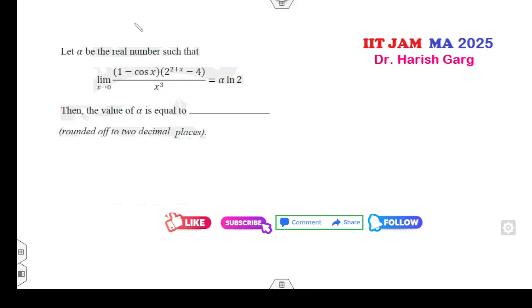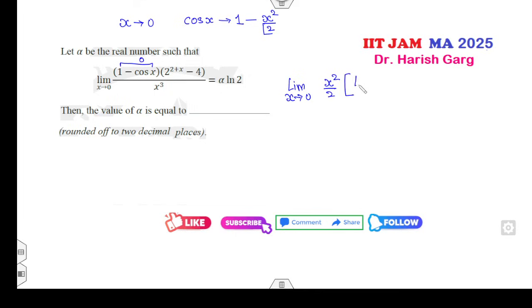Again, whenever x approaches 0, cos of x approaches 1, but that value is again 0. So I can replace the second term with 1 minus x square by 2. So that expression becomes, as x approaches 0, 1 minus cos x is x square divided by 2.